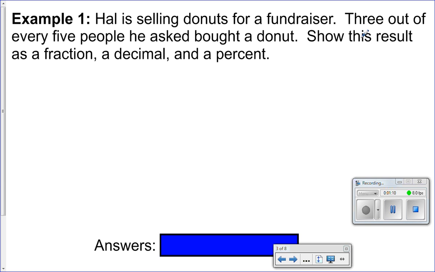Okay, and it's important to look for key information in this word problem. And that key information is 3 out of 5. That information there gives us our fraction, which is 3 over 5.